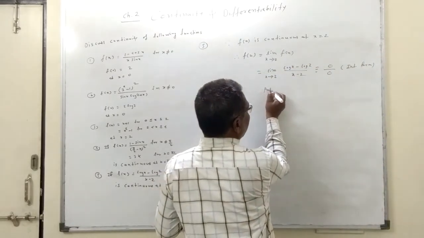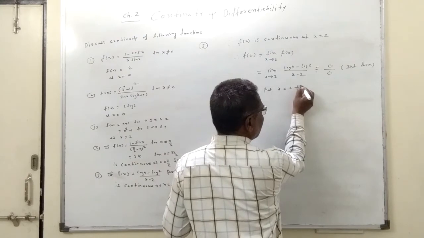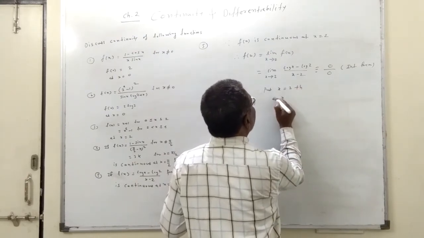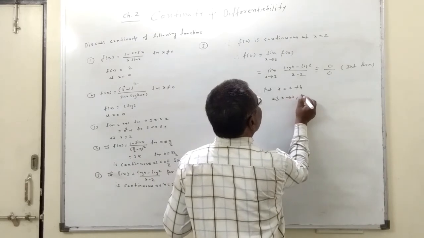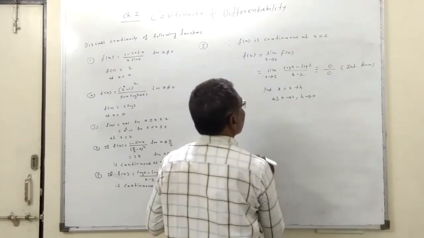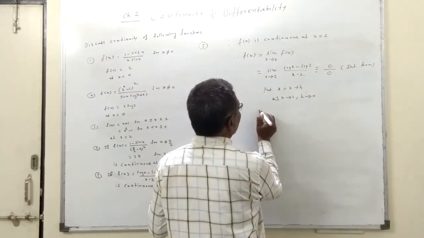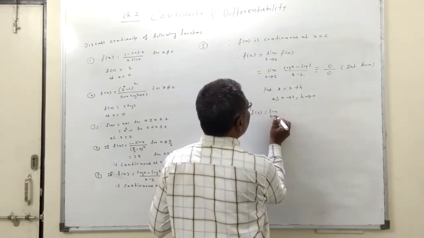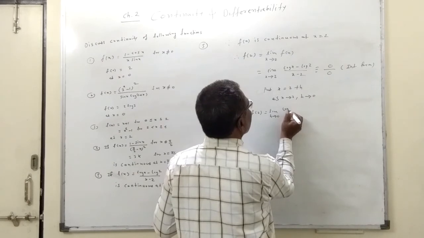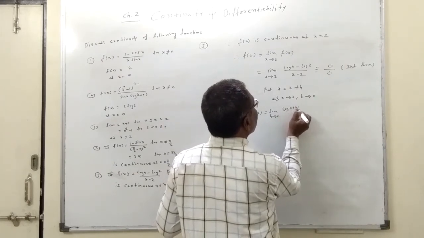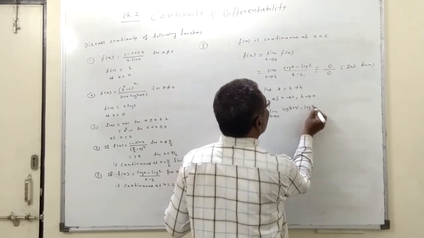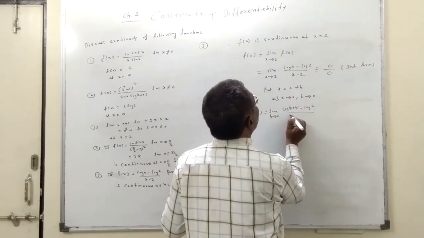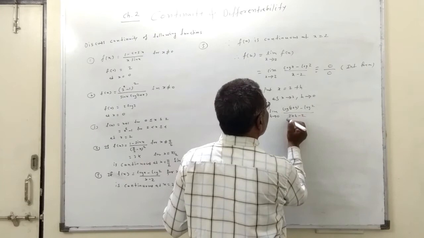So we will put here x is equal to 2 plus h, the method of substitution, as x tends to 2, h tends to 0. So f of 2 is equal to limit h tends to 0, log 2 plus h minus log 2, divided by 2 plus h minus 2. This gets cancelled.